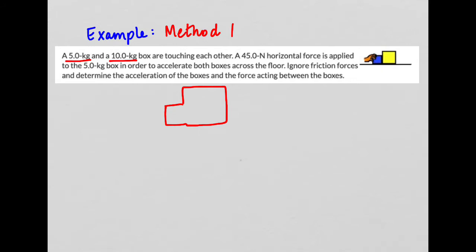Therefore, let's determine what the mass of this single object is. Remember, this little box was 5 kilograms, and this big box is 10 kilograms. Well, now that we've combined them and made them one, the mass of this will be 15 kilograms.